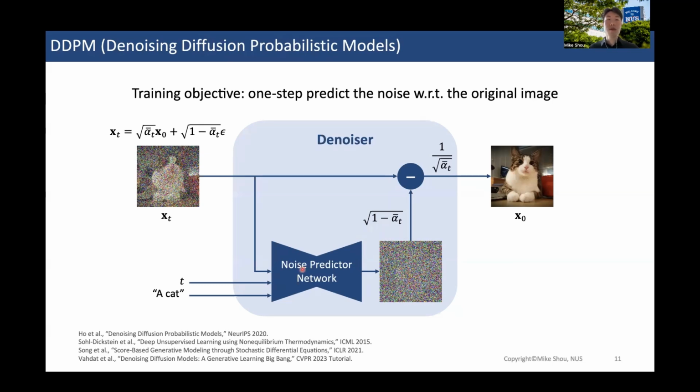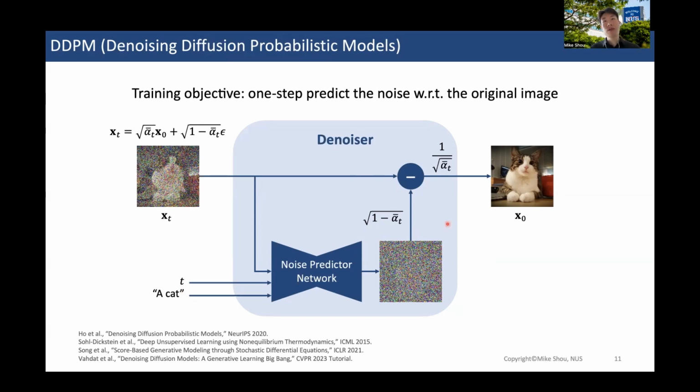And one thing to note is that there are some other conditions in the noise predictor network, like the time step T, which controls what amount of noise you want to remove. Also the condition, because in this case it's a so-called conditional generation.